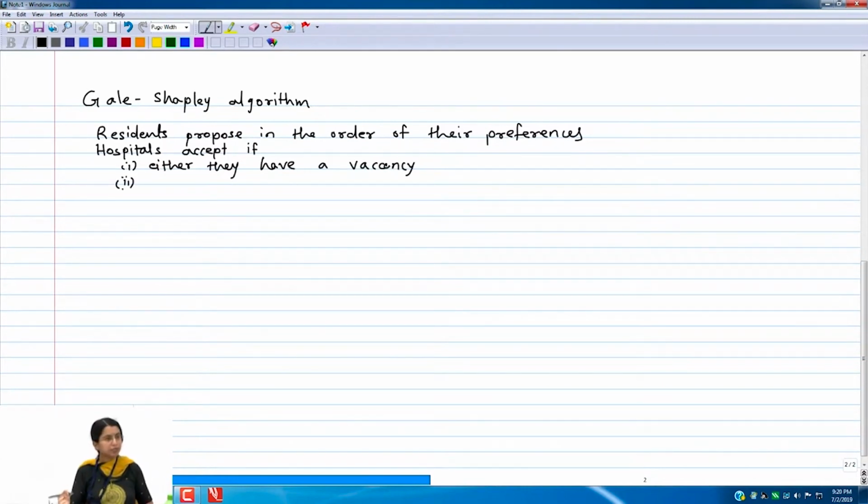Just like yesterday where a person preferred to be matched rather than remaining unmatched, here also a hospital doesn't prefer to have a vacancy; it better accepts some resident in its preference list.